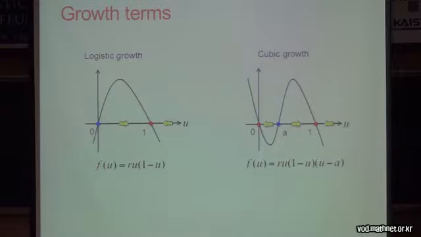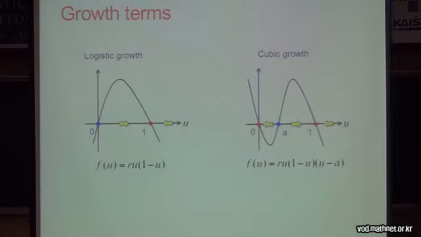In this dynamics, F of U is like this, and 0 and 1 are equilibria. U equal to 0 is unstable, and U equal to 1 is stable. So the vector field is like this.